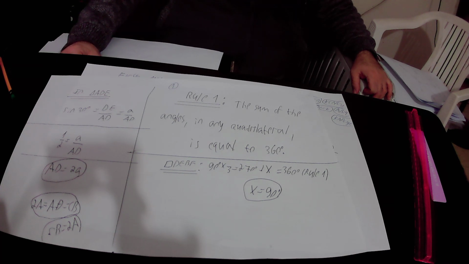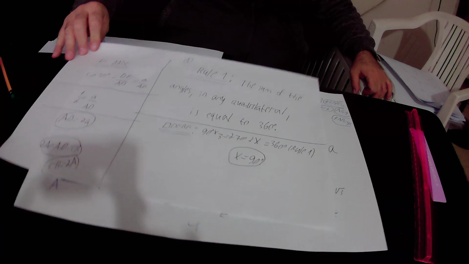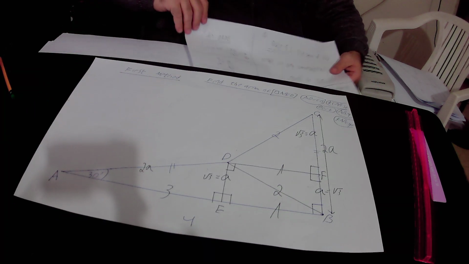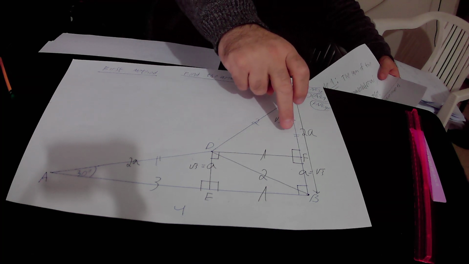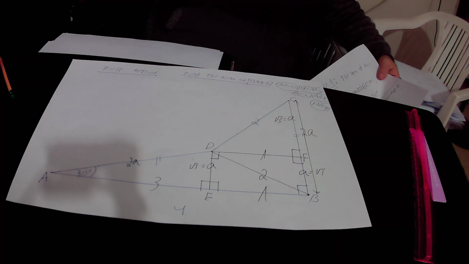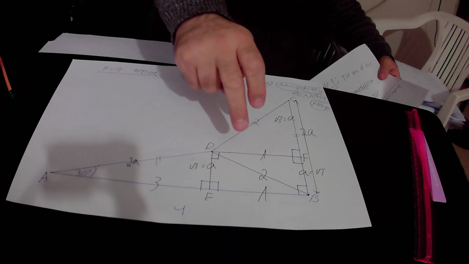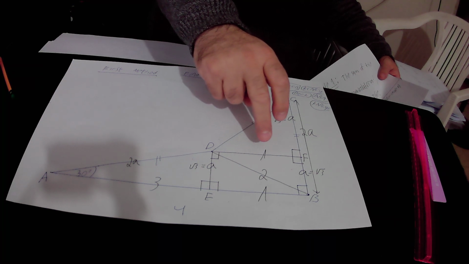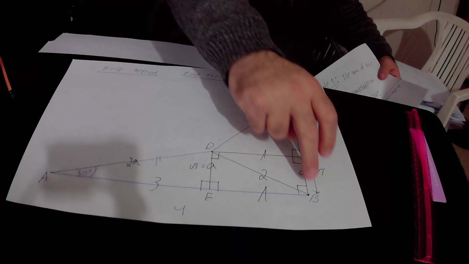According to rule number 1, the sum of the angles in any quadrilateral is equal to 360 degrees. So, first of all, we actually drew a perpendicular from point D to CB. That is to say, this angle equals 90 degrees and this angle equals 90 degrees. So if we focus on quadrilateral DFEB, we will get that it has 3 right angles, 1, 2, 3.